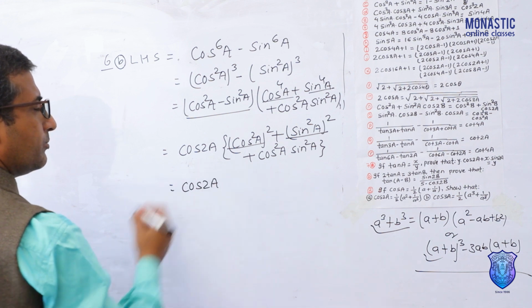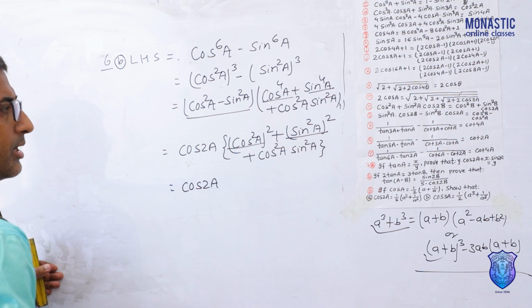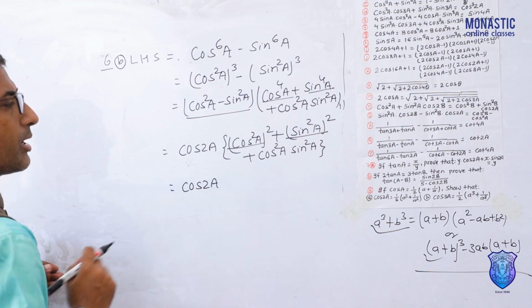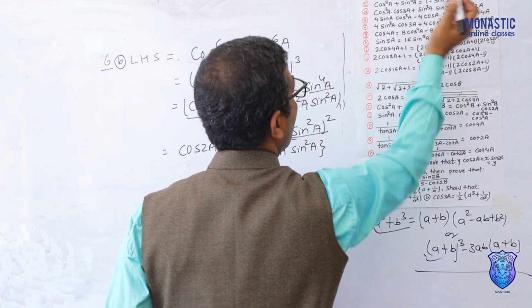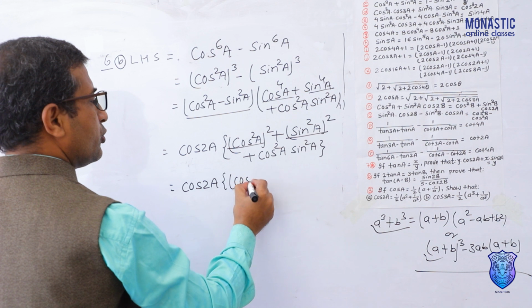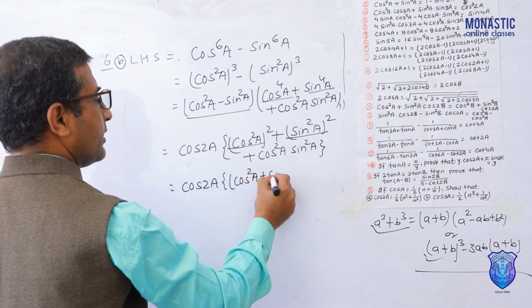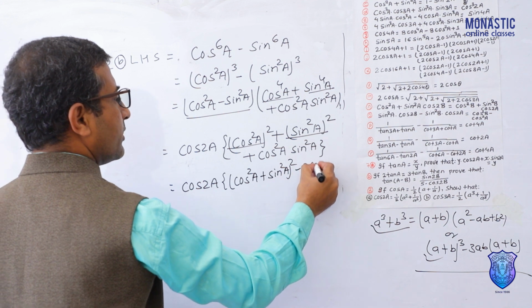What's the formula? Again we have two formulas: (a plus b) whole square minus 2ab, or (a minus b) whole square plus 2ab. But we want one here. For this one, we have to use (a plus b) whole square minus 2ab.